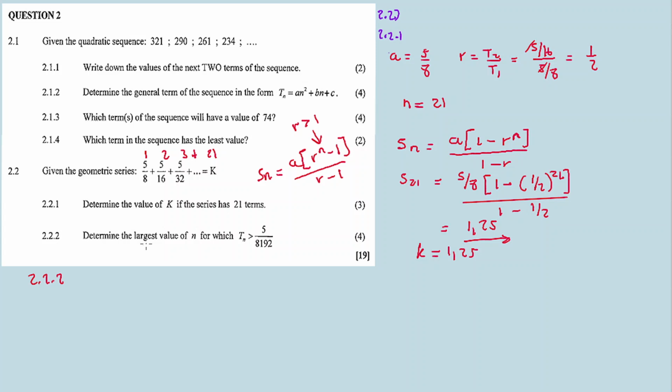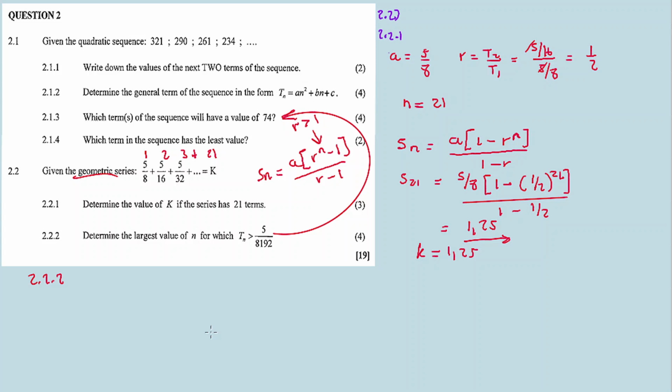2.2.2 Determine the largest value of n for which Tn is equal to 5 over 8,192. So this question is similar to the previous question 2.1.3, but this time we are talking about a geometric sequence.